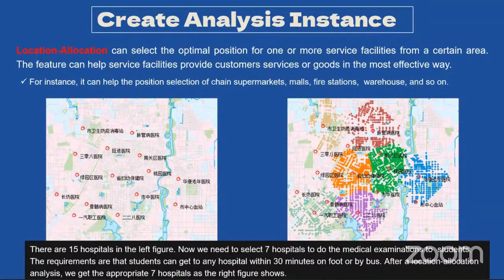This is an example where you want to select 7 hospitals to do a medical examination. So you need to find the nearest hospital that you can go to either by foot or by bus. After you do the location and allocation analysis, you can get the nearest 7 hospitals that you can go to within 30 minutes, either by bus or on foot. So this is the example.